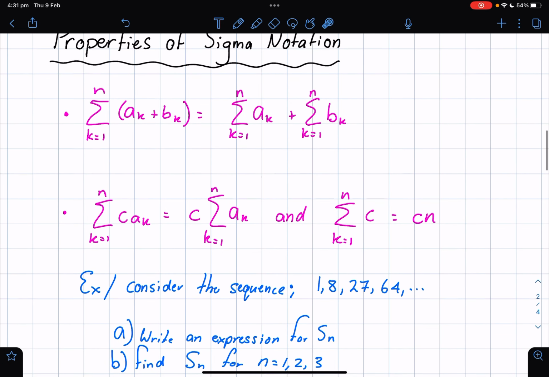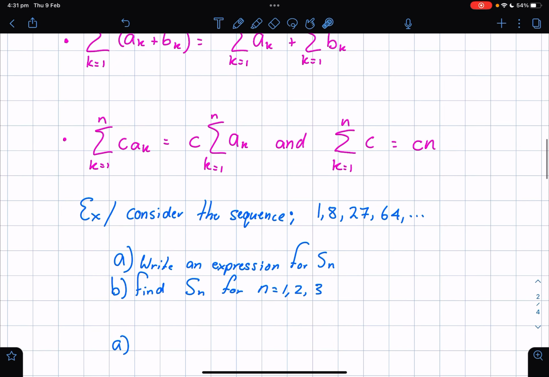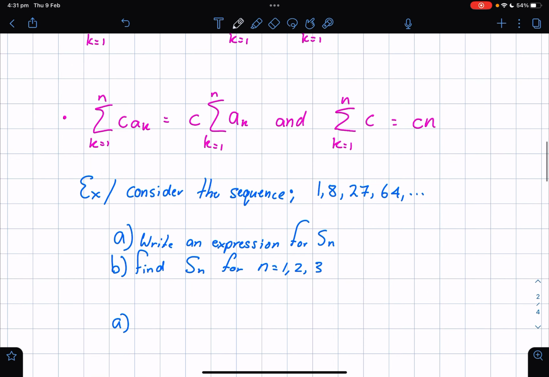So let's look at an example. So consider the sequence 1, 8, 27, 64, and so on. Write an expression for Sn and find Sn for n equals 1, 2, and 3. Now, this is all about identifying patterns and trying to find our general term formula. Because if we can find Tn, it's really easy to put into sigma notation.